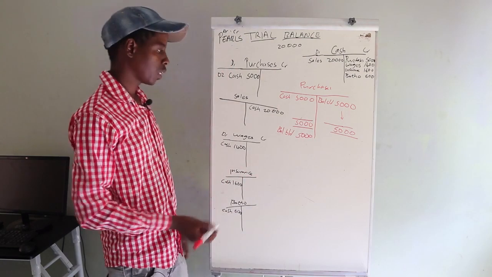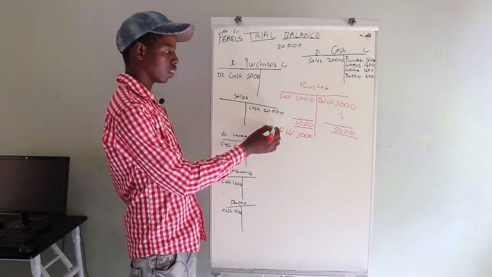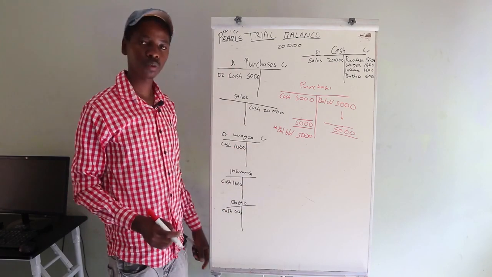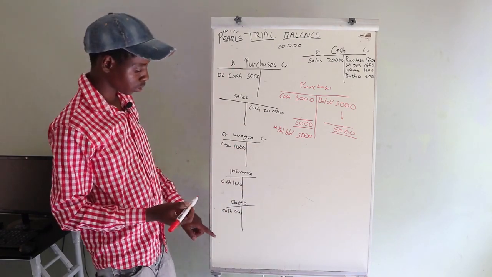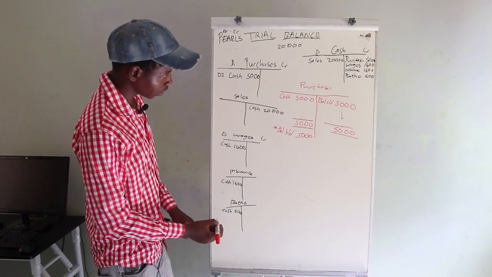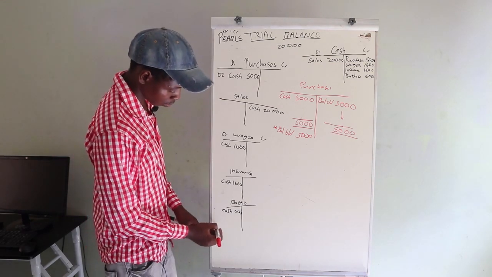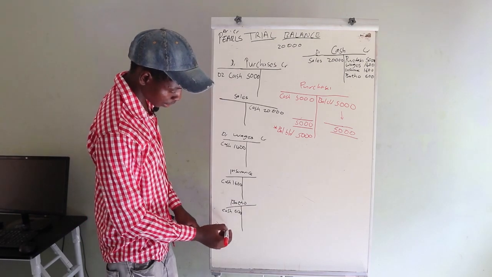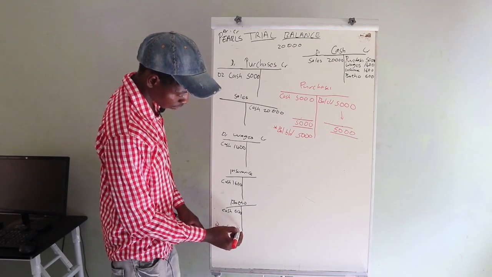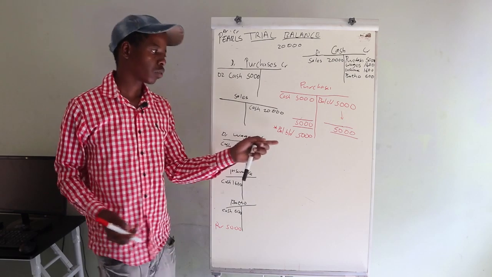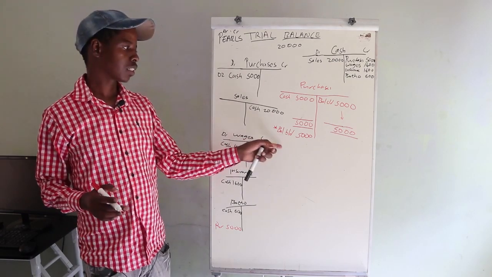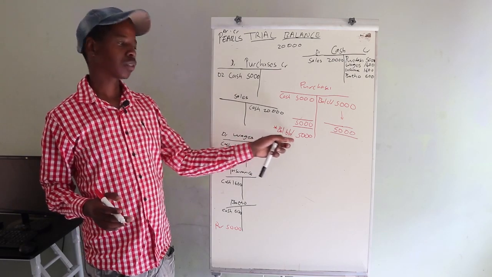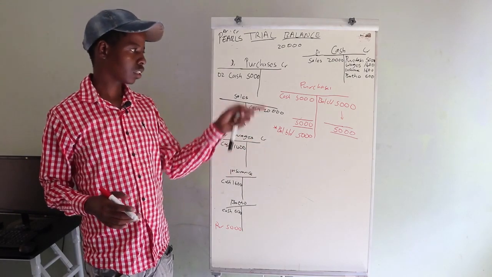Right. Pay attention. This is the value that we are going to enter in the trial balance, right? So I'm going to write it down here. So let me write purchases 5,000 so that I won't forget. And then we are done with balancing purchase account. We can see that balance brought down is 5,000.